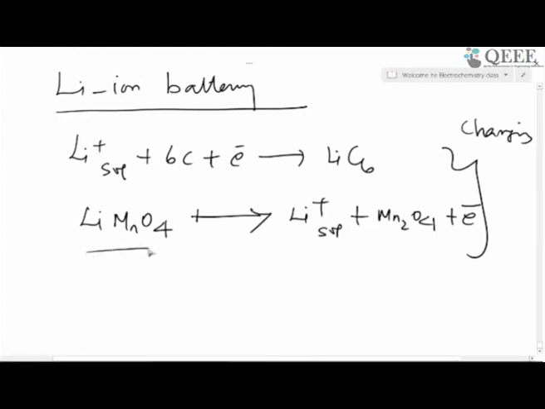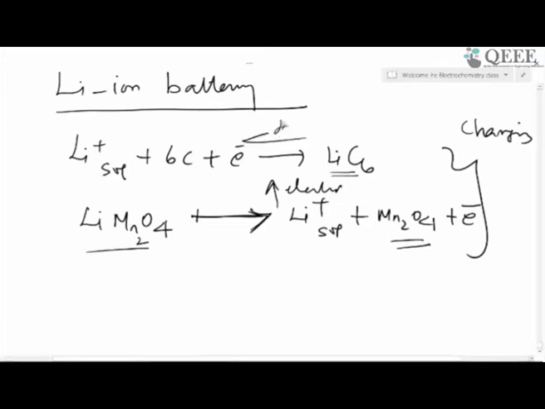The lithium from the LiMn2O4, lithium manganese oxide, the lithium from that matrix is extracted, and it becomes Mn2O4, and the lithium that comes out gets into the electrolyte and reaches the anode, or negative electrode. There it combines with the 6 carbon and an electron, and gets intercalated between the graphene layers of the graphite. So it forms LiC6. So this is the charging process.